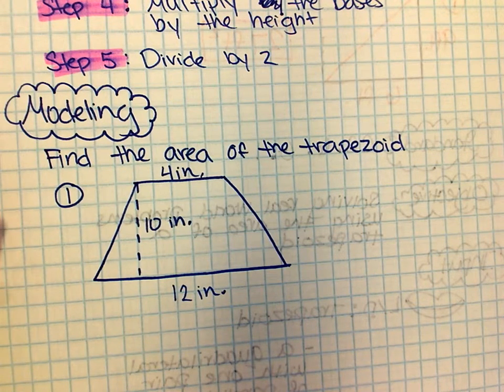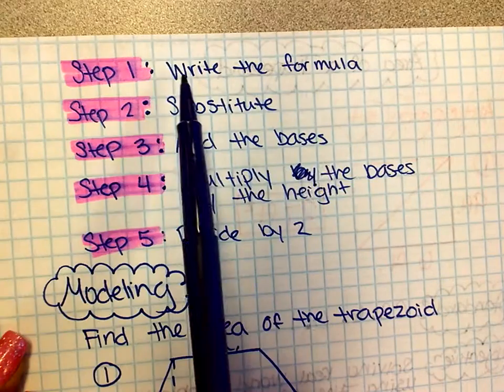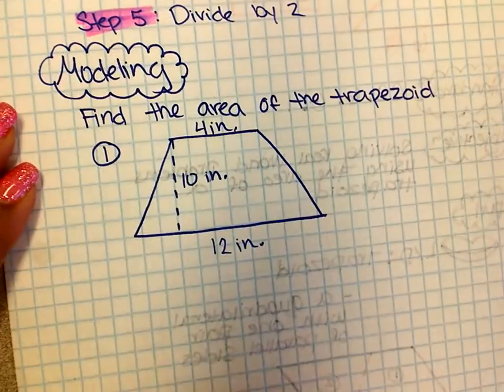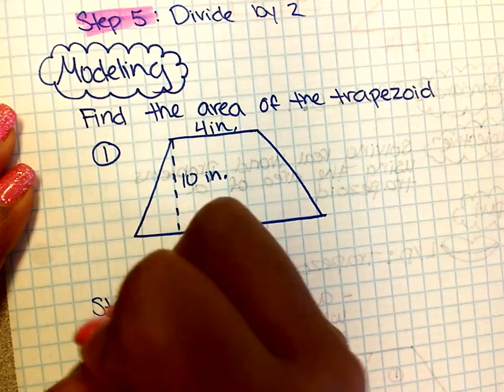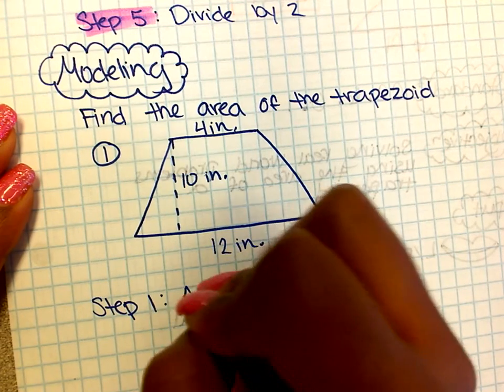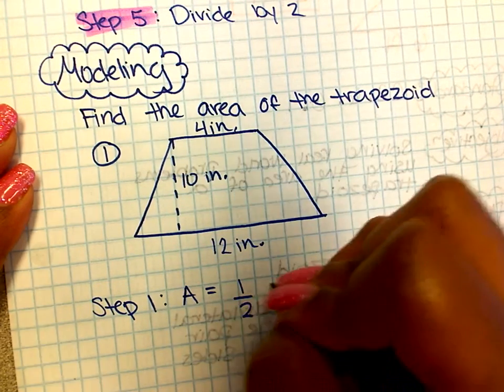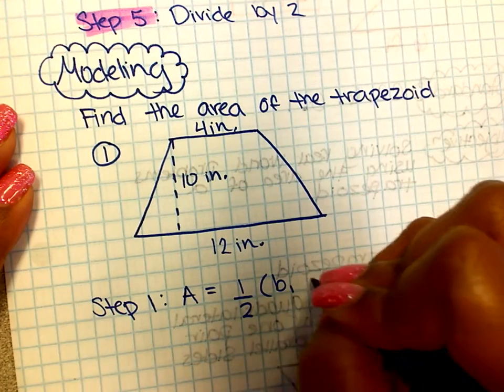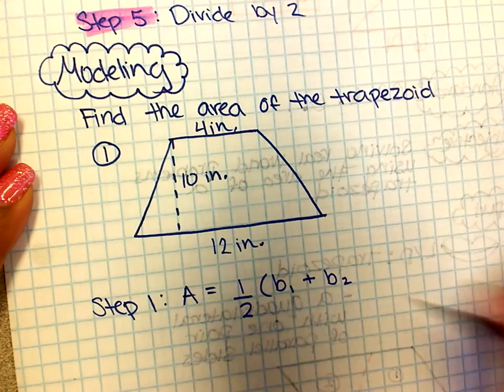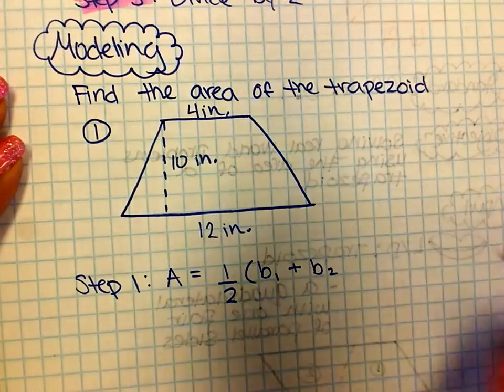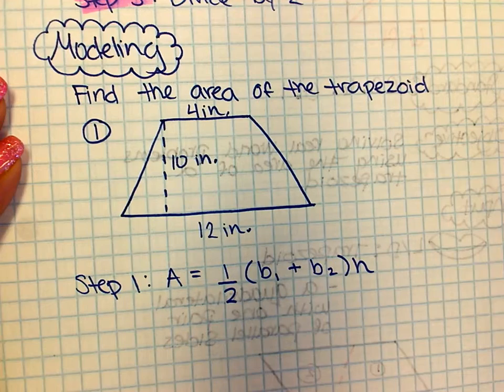So when I go back to step 1, my step 1 tells me to write the formula. Here I go. Step 1, area equals 1/2 the first base plus the second base, so that's base 1 plus base 2, times the height.